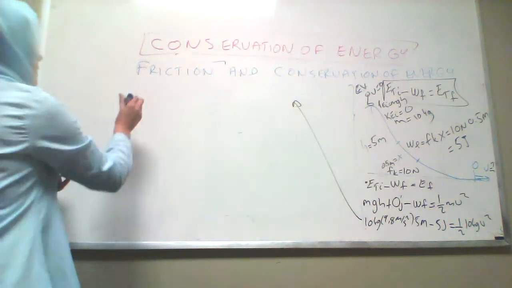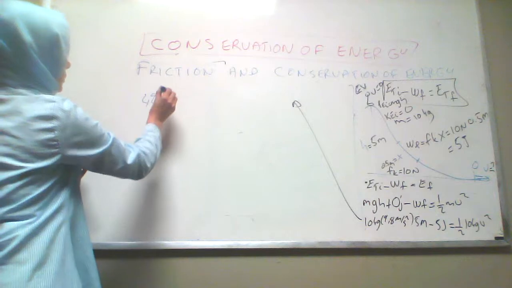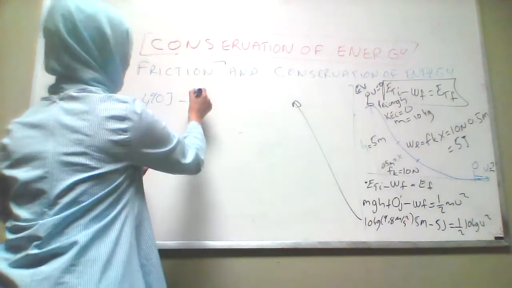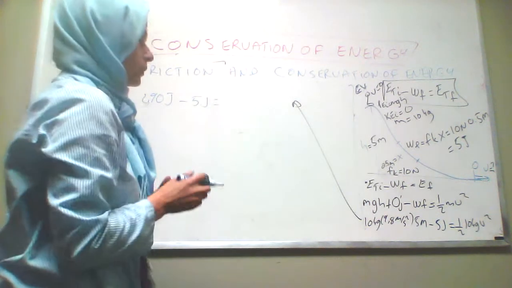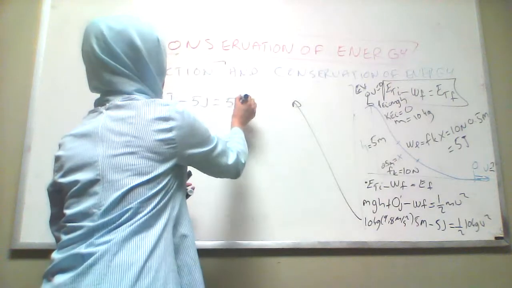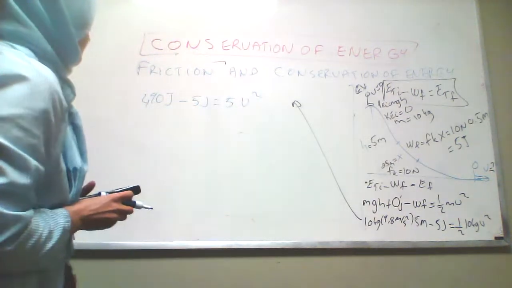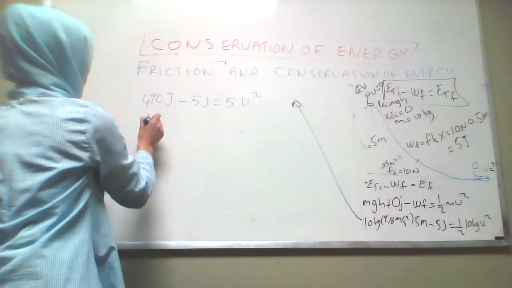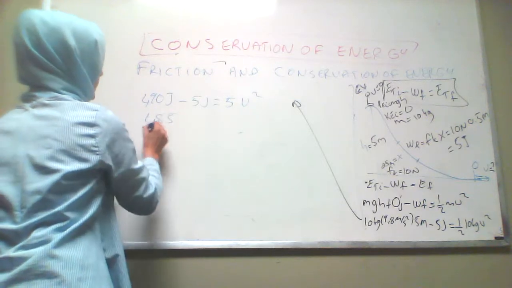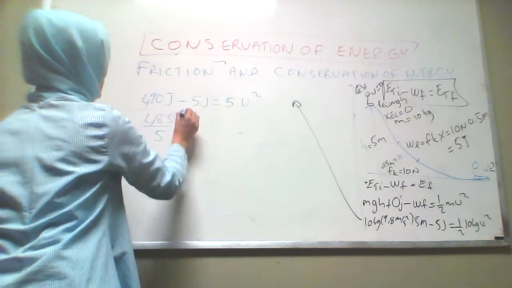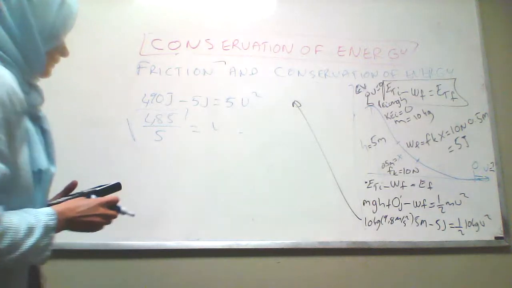490 joules. 490 joules minus 5 joules there is equal to 5 v squared. So 485 divided by 5 in square root will be equal to v.